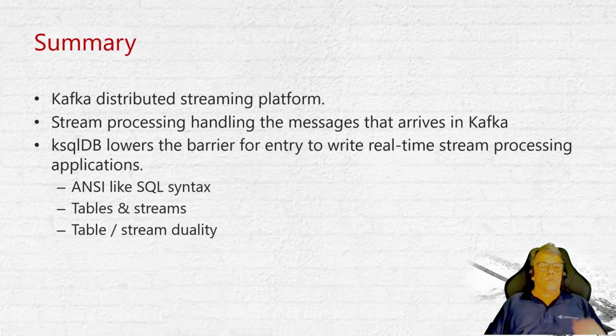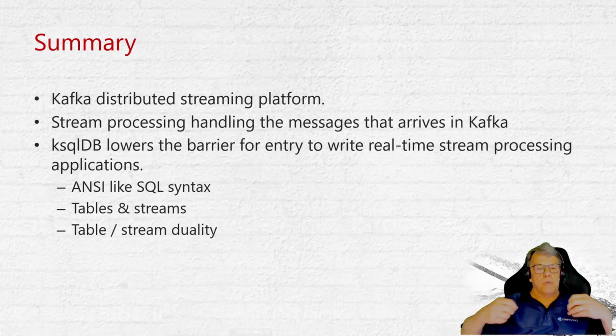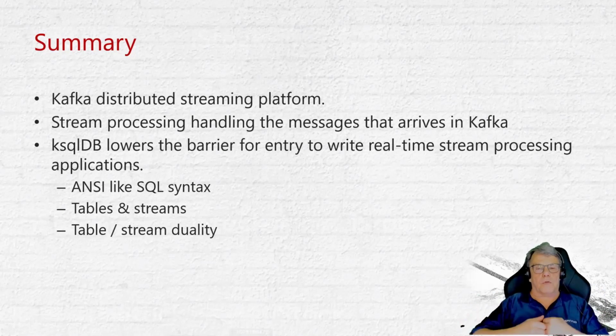So, to sum it up, Kafka is a distributed streaming platform. Stream processing is where we are handling the events, the records that arrive in Kafka. If we now want to do stream processing without having to write a lot of complicated code, we can use ksqlDB. ksqlDB has an ANSI-like SQL syntax.